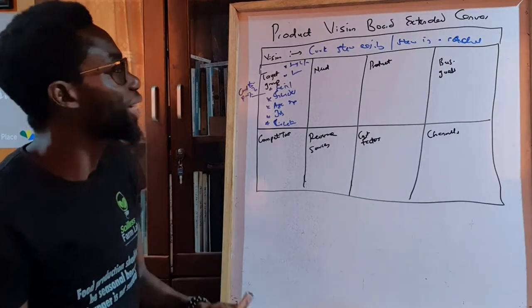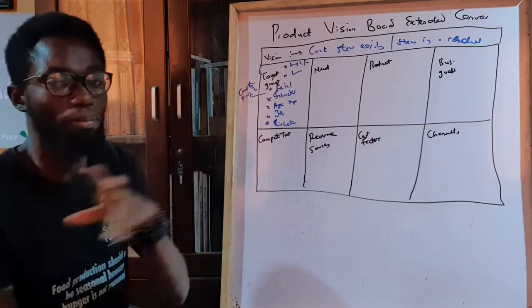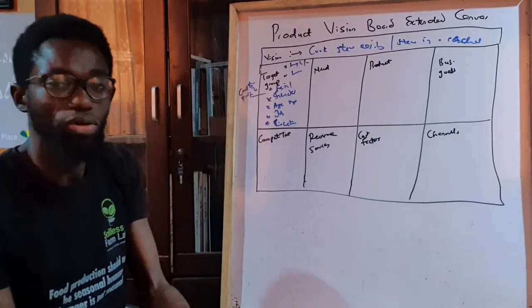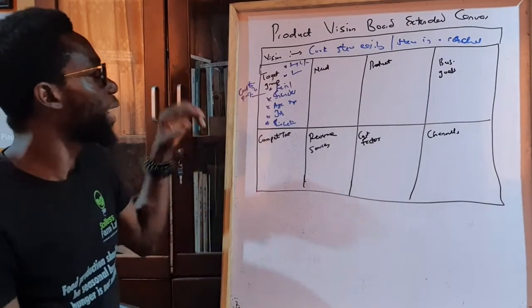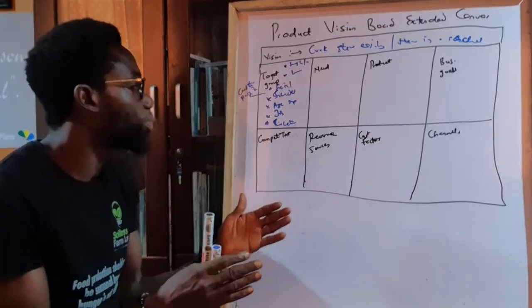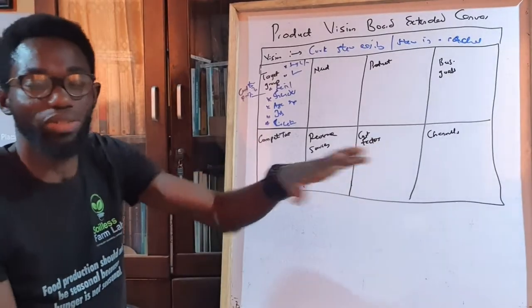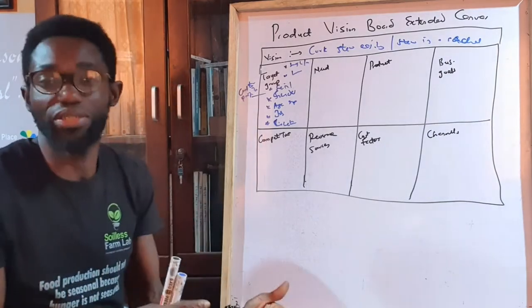So looking at my stew in a sachet, am I trying to go after the single or married? Am I developing a product that the single, the male or the females can easily use to do stew? Or am I after a particular age group, where my product is meant basically for university students, so the teenagers or young adults in the universities?